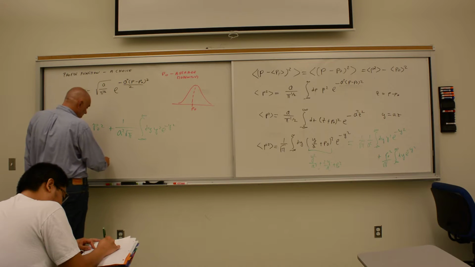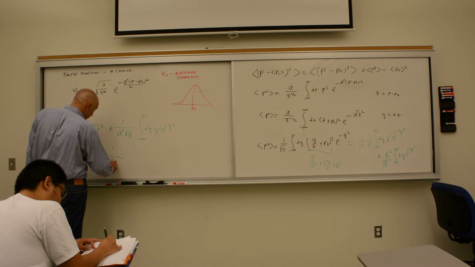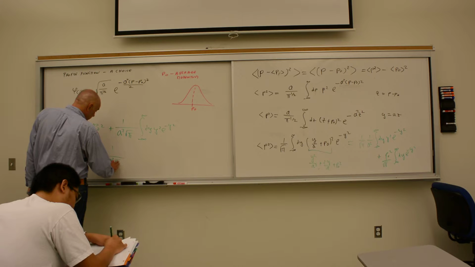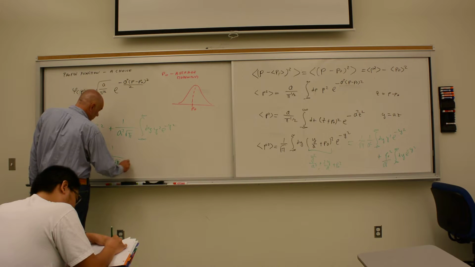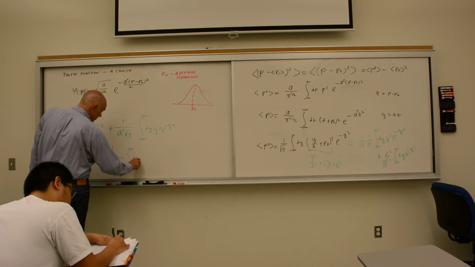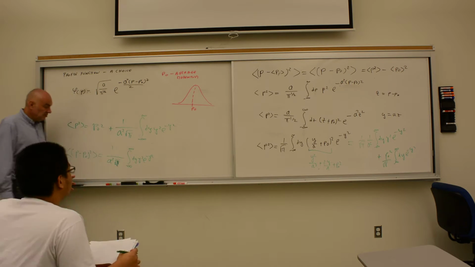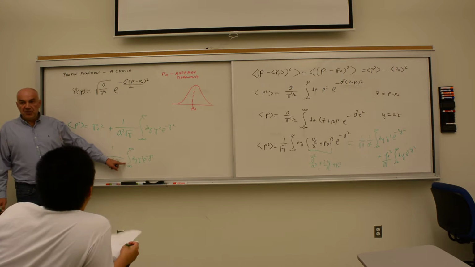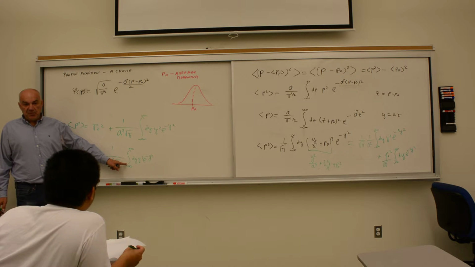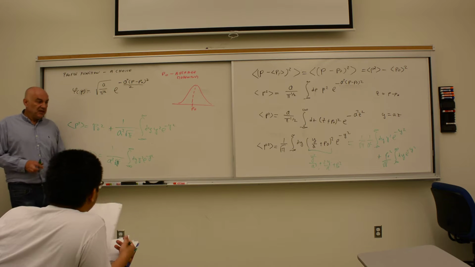So the variance is just given by this. So if I can compute this integral, which happens to just be a number, we are done.